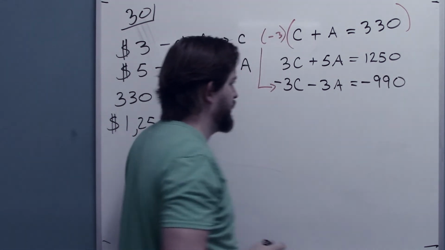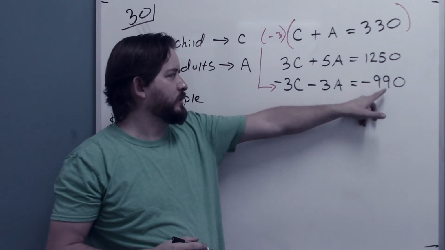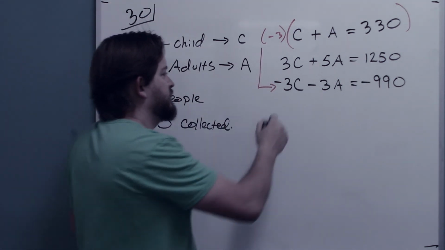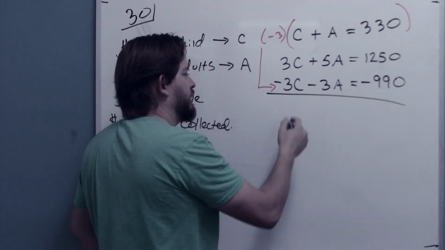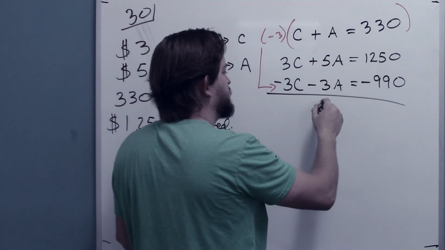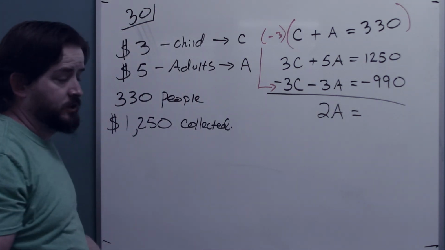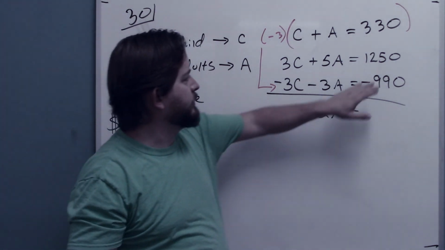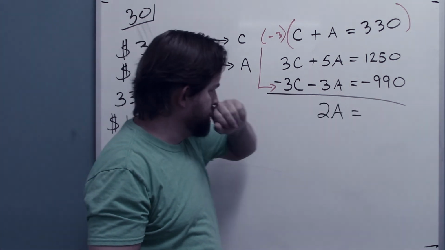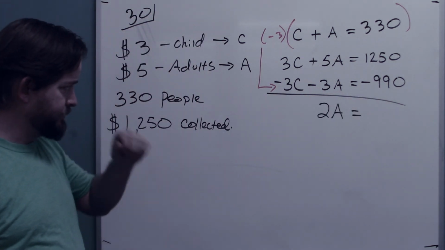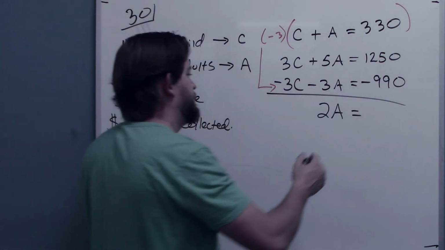In fact, the numbers get better here because I'm going to subtract off a pretty big chunk. If I add these two together, 3c and -3c are gone, that's 0. 5a minus 3a is 2a, hey, that's not too bad. And then 1250 minus 990 is 260.